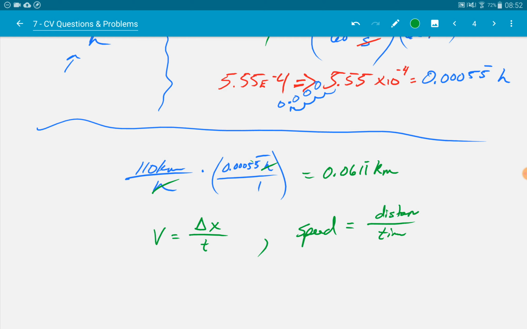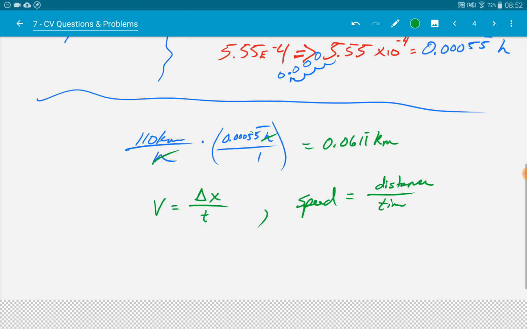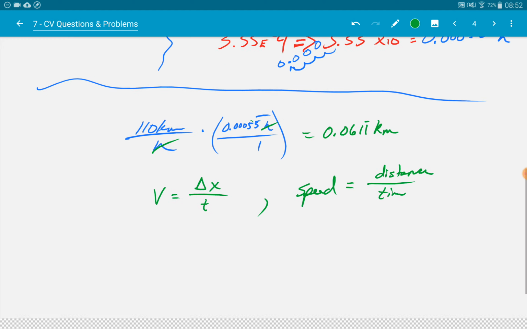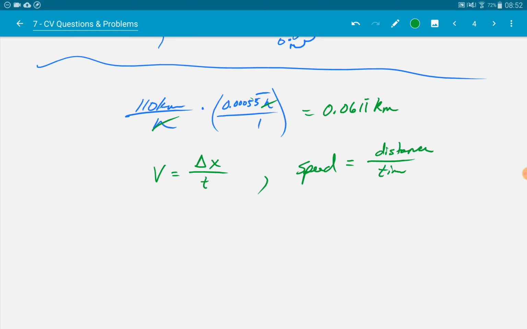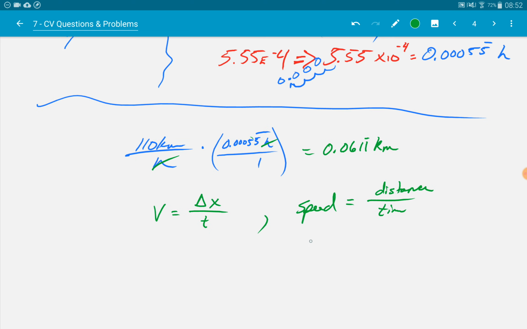Now, speed and distance, we don't have shorthand letters for them because we generally don't use speed and distance that often. We use velocity and displacement very frequently. Well, here, our speed is 110 kilometers per hour, per 1 hour. And so that's going to be equal to some sort of distance, whatever that distance is, over some time here.